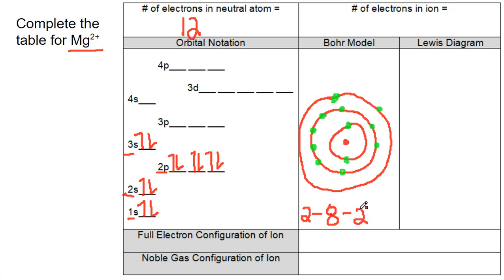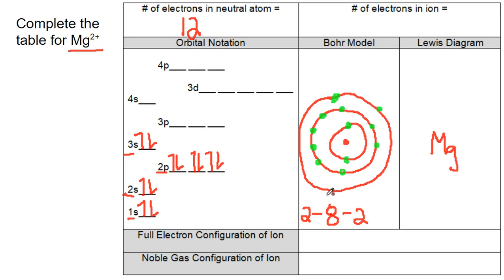Now, if we were to do the Lewis diagram of magnesium, again, you put the symbol of the element, Mg, and then the number of valence electrons you represent as dots. Remember, the valence electrons are the electrons on the outermost s and or p sublevels.